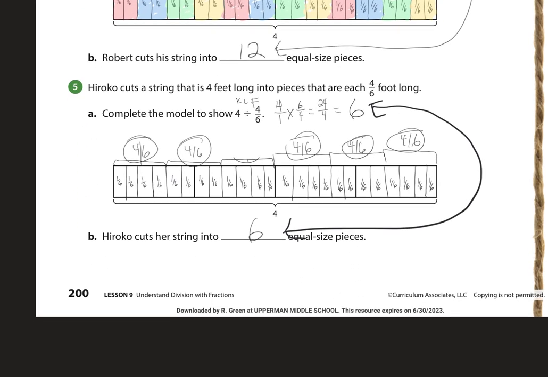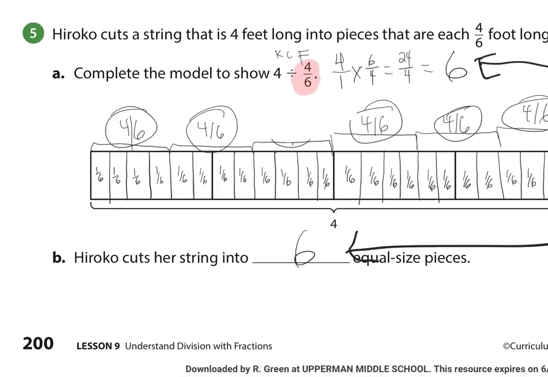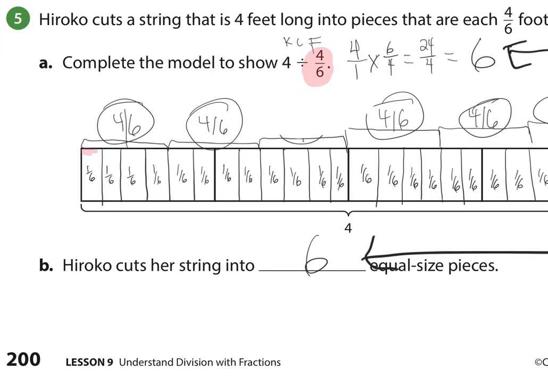Then let's go down to our last one, and let's just keep the same thing going. This time, we're coloring in 4/6 pieces. And I'm just going to rotate my colors again.